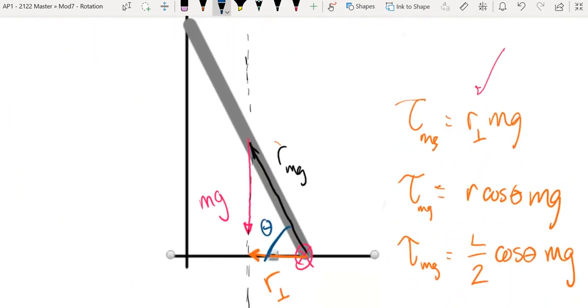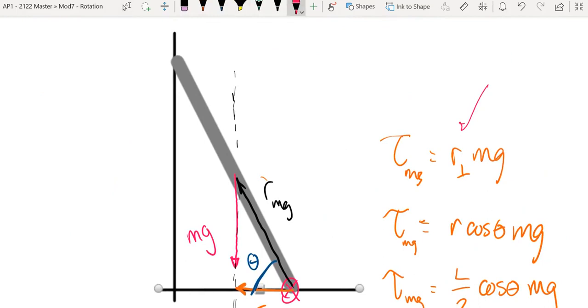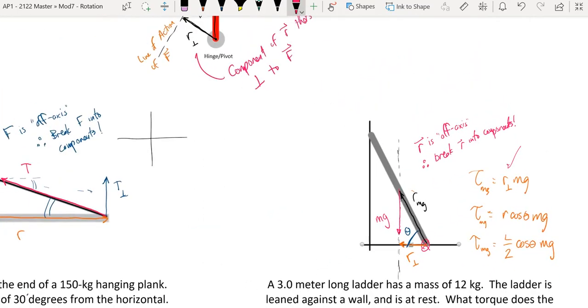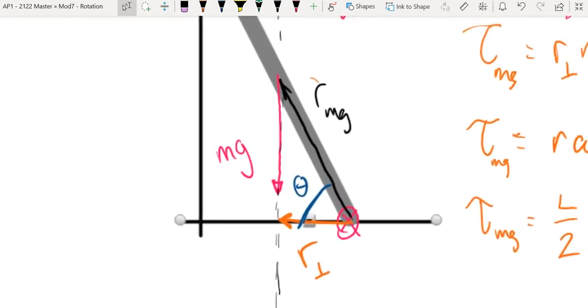Notice in this case that it's R that's off axis. So, break R into components. That's my approach. And there isn't a right answer. I mean, you can do this one by leaving R alone and breaking mg into components, but in my mind it's more difficult.